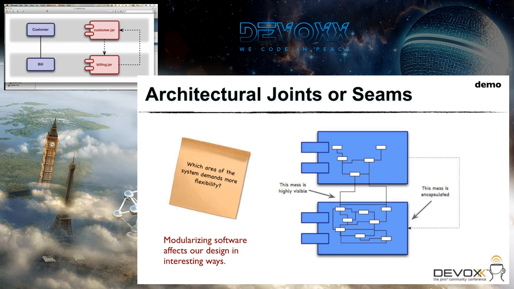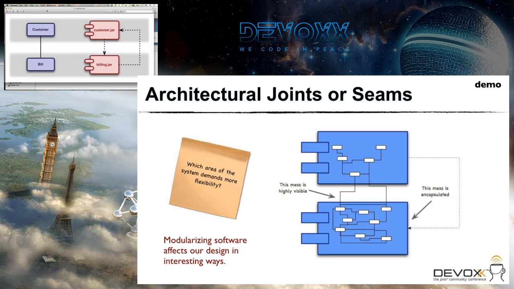But how bad is this design? If this design is encapsulated within a single module, yeah, it's still bad, but it's not terrible. But if this design spans modules, then it's bad. Because ultimately, I can't use one without the other.